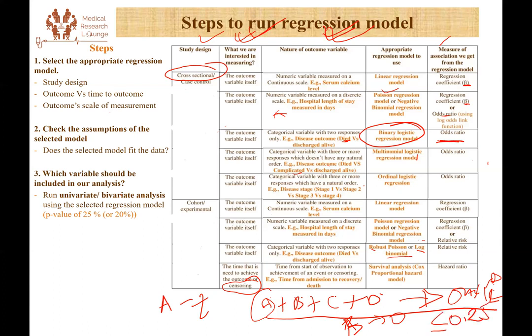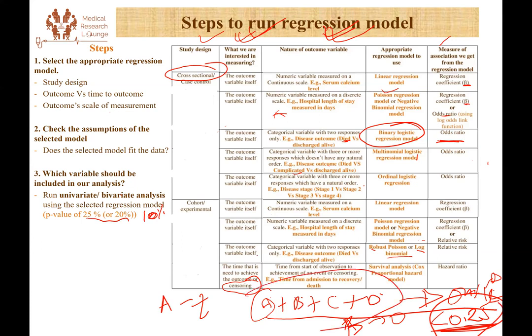So if in a one-to-one analysis, at a level of significance of 0.25 or 0.2, these are the commonly used. But if we want to be very strict, especially in clinical trials, we can lower this criteria up to 10%. So if they pass, for observational study, 0.25 is enough.